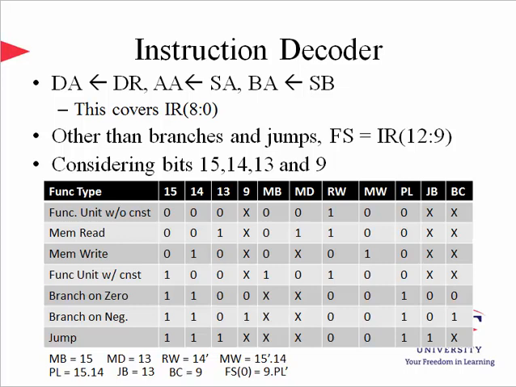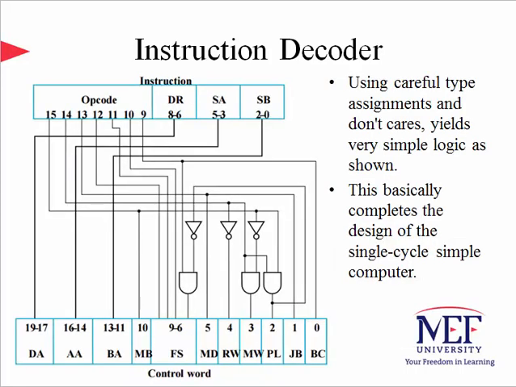Therefore, we set FS0 to bit 9 ANDed with PL prime, and the rest of the FS bits equal what is described in the instruction word from 12 to 10. Using this argument, which was mainly based on the don't cares, we finally arrive at a very simple combinational circuit diagram as shown in the slide.